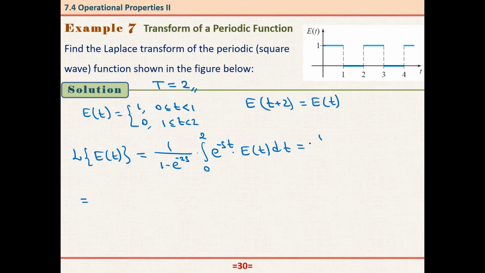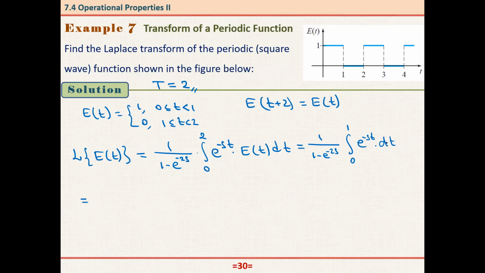Here we have 1 over 1 minus e to the power minus 2s, integral from 0 to 1 of e to the power minus st. When t changes from 0 to 1, our function is 1, so no need to write 1. Here we have dt. And from 1 to 2, the function is 0, that's why here we have 0. Now I just need to evaluate this.